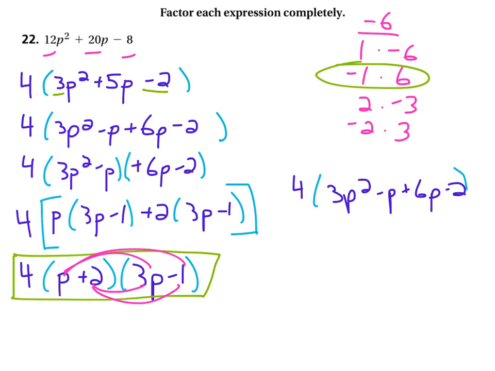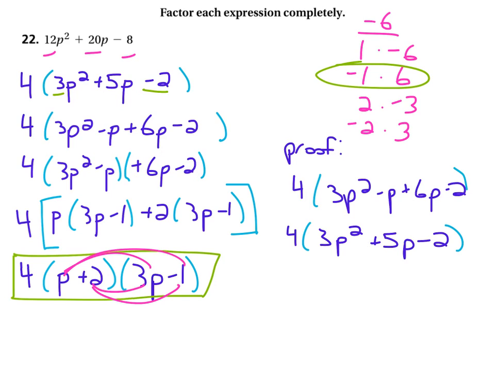And then, of course, we're going to combine like terms inside. So we've got still the 4 outside times, and by the way, I'm going to write proof up here just to get proof. 3p squared. That negative p and the positive 6p go together to be a 5p, and then minus 2.